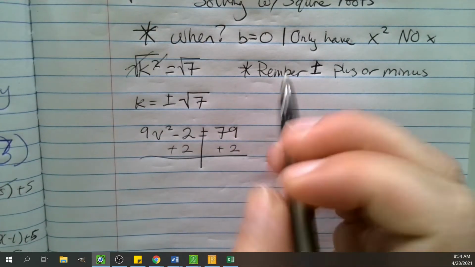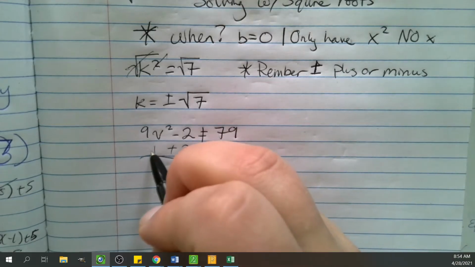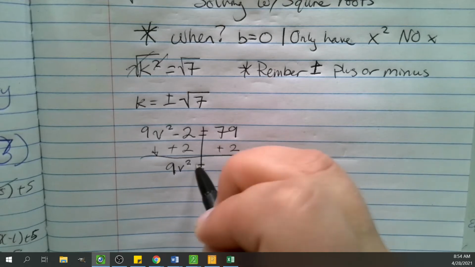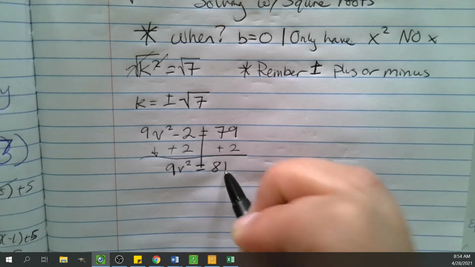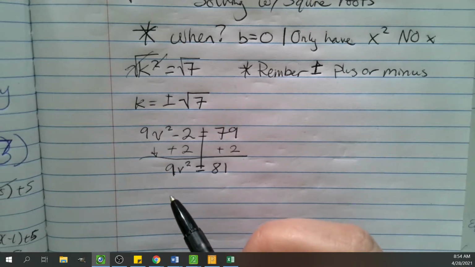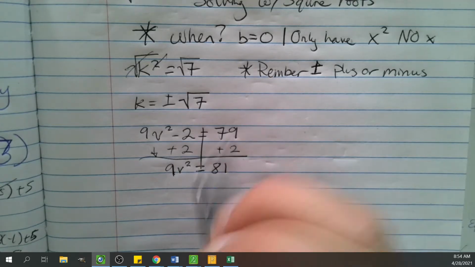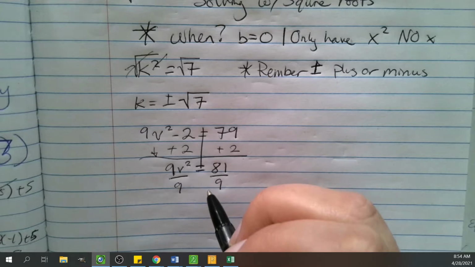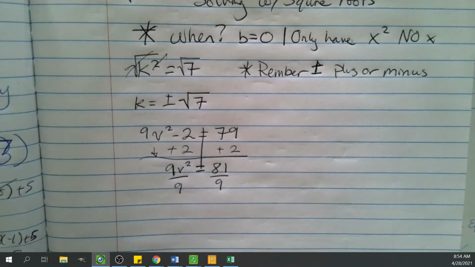What's my next step to get that v squared alone? I always divide by whatever's with the variable. 81 divided by 9?